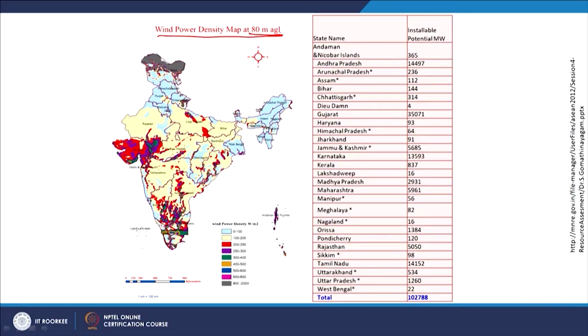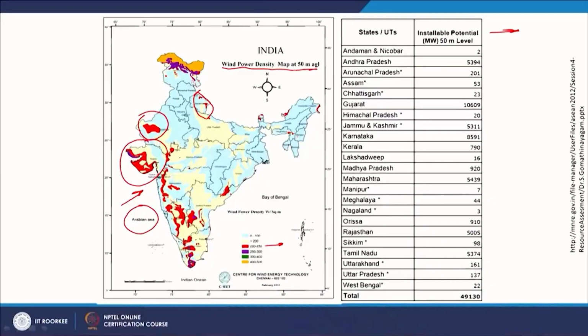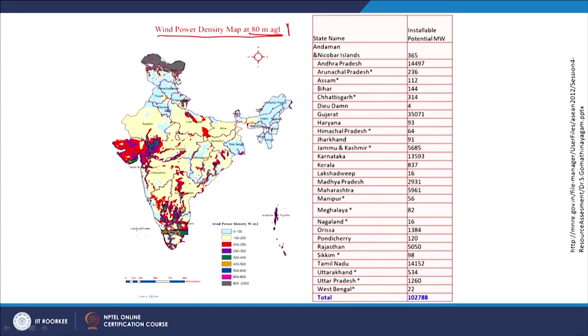So an offset has been added in this whole topography, because there will be hindrances because of forest or other things. That offset map is again enlarging the area. If you compare with the previous map and concentrate only on the Gujarat part, at 50 meter this is the situation, and at 80 meter almost the entire Gujarat has great potential.